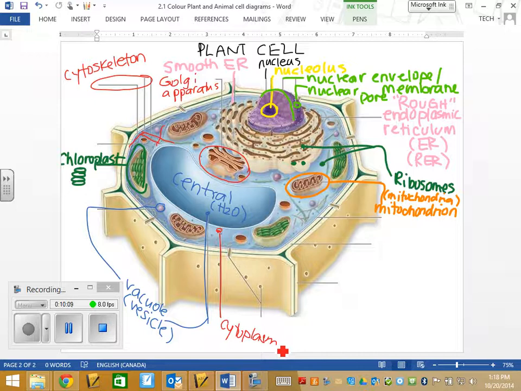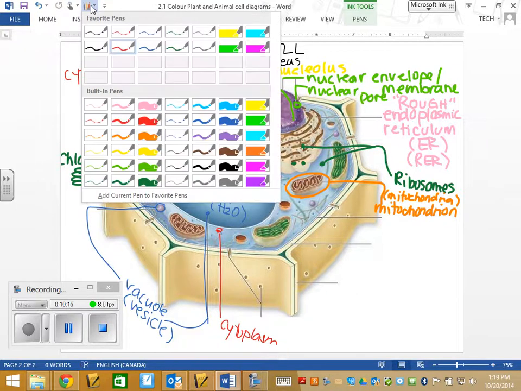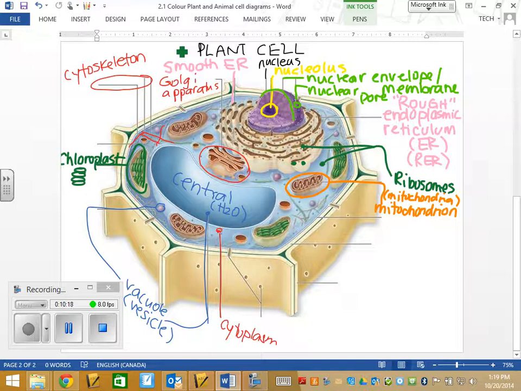Now the rest of the lines are pointing towards parts of the outside of the cell. So if I take a look over here, this top line is pointing to the cell membrane. If we look where it ends, it's ending on a very thin layer that's on the inside of that whole external structure. Then we have cell wall.